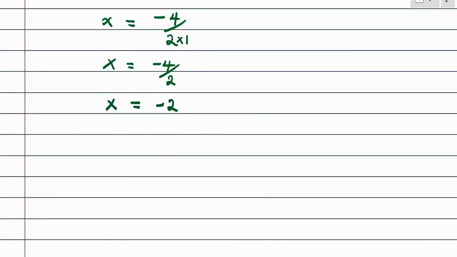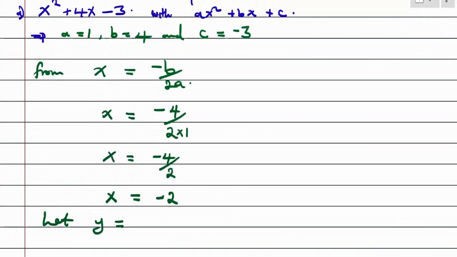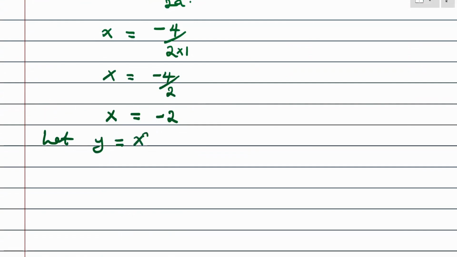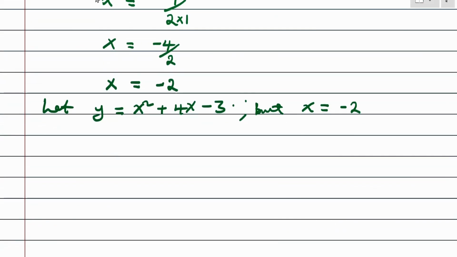Then, to get the value of y, we simply let y be equal to our quadratic expression, x squared plus 4x minus 3. Here, we substitute in the value of x, which we have found to be negative 2. This implies that y equals negative 2 squared plus 4 times negative 2 minus 3.